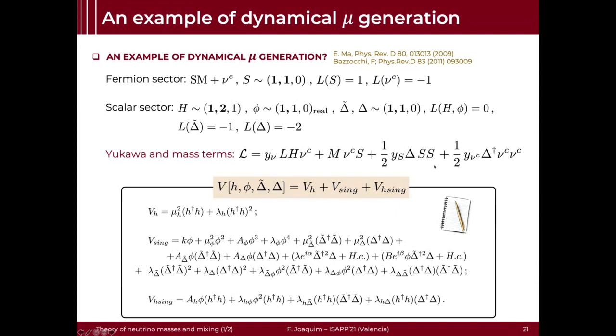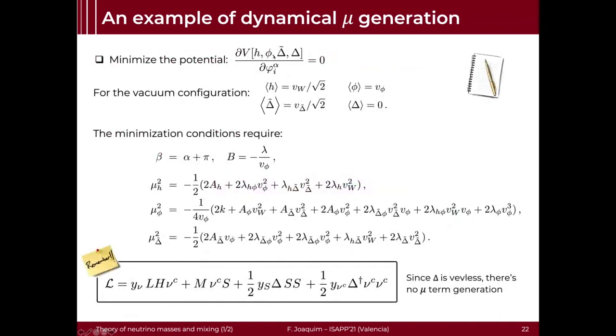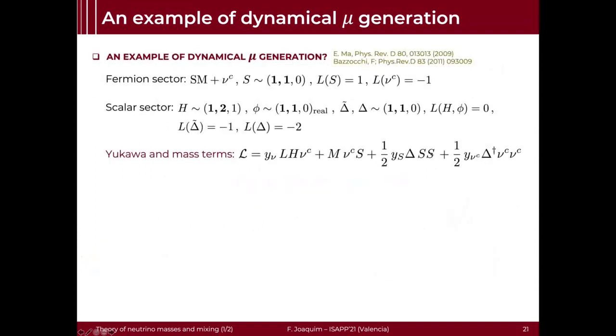Then you construct the scalar potential. You minimize the potential, and now you say that, okay, these deltas, which are coupling with the new singlets, do not acquire a VEV. Okay, why?